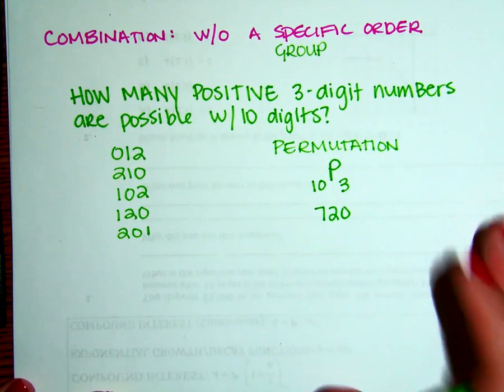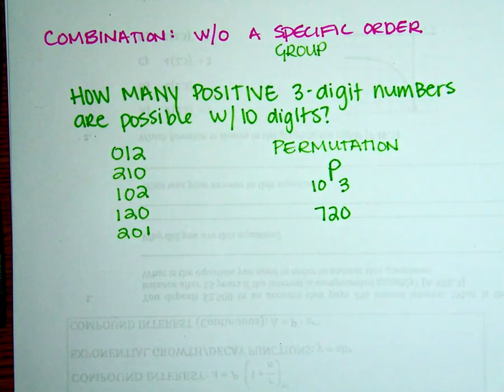So anytime that you're looking at numbers, unless it specifically states group or without regard to order, it's always going to be a permutation.